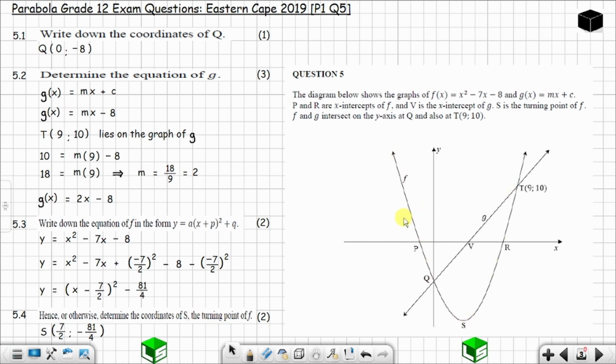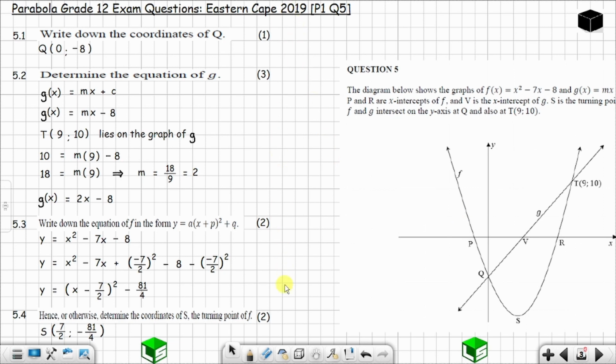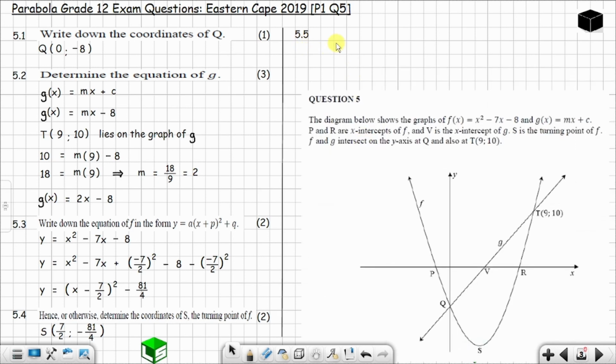Okay, we carry on. Let me draw a line here. And now it's 5.5. What is the question? The question is, determine the coordinates of a point W on F such that the average gradient between T and W is 1. The question is 5 marks.